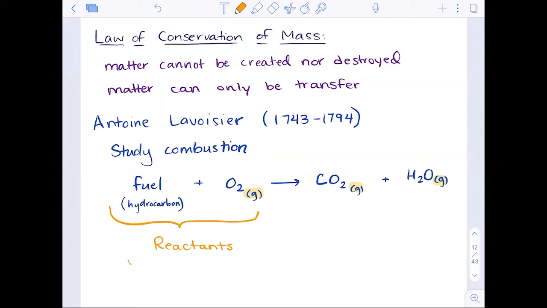It's what we start with. And he measured those very precisely, right? He can have their mass in grams or milligrams, whatever he decided. And then he reacted them to form the products, what we end up with.